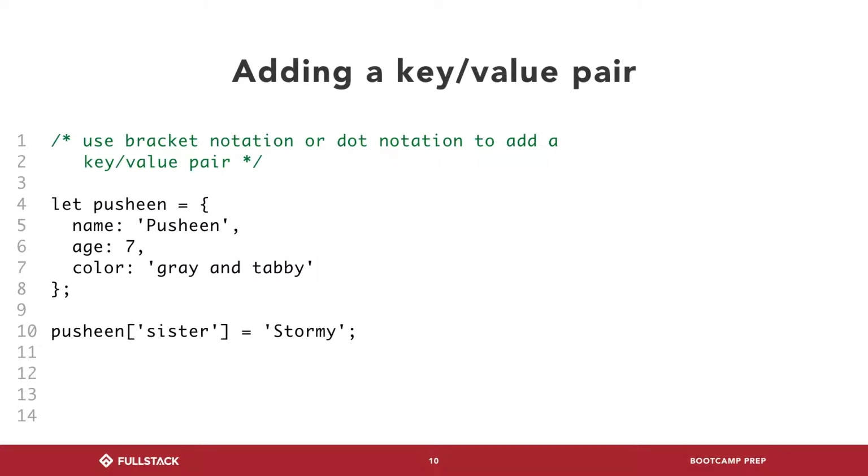Instead, I'm going to say Pusheen's sister equals a string. I just create this key. This is basically the same as let x or let arr or let whatever. I'm just creating a new variable. In this case, the variable is going to be a key on this Pusheen object. I use an equal operator, and I assign a value to that key. That is quite simply how I do it.